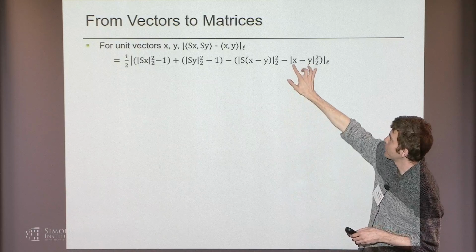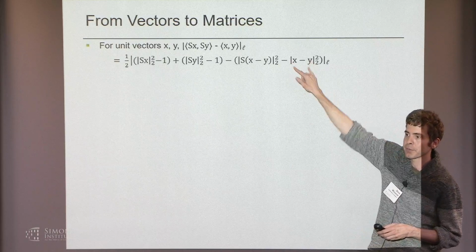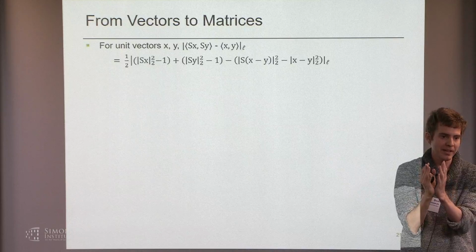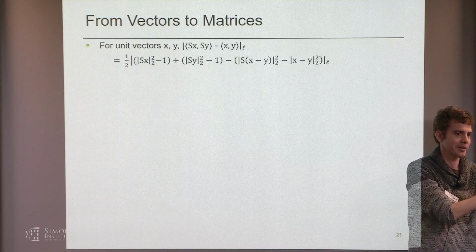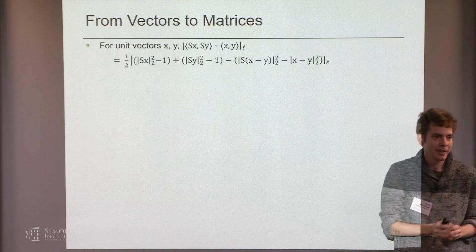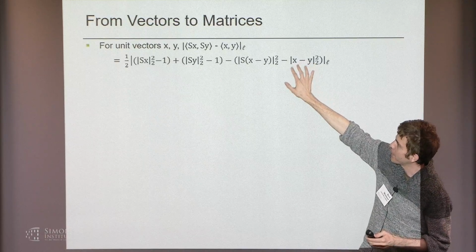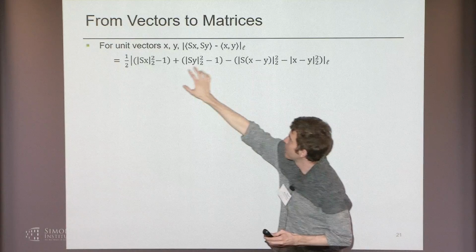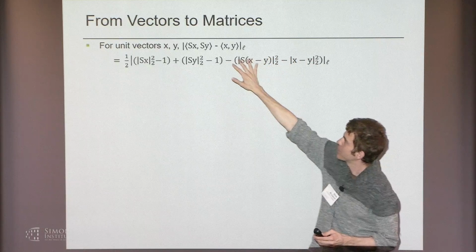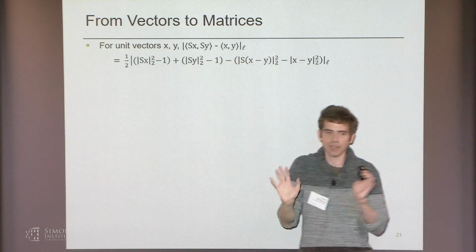I also do the expansion for the squared norm of x minus y, so I get the squared norm of x plus the squared norm of y minus twice the inner product of x and y. These are unit vectors, so the squared norms of x and y are both 1. Those will cancel these 1s, and so I'll get twice this difference, and I have a 1/2 in front. That's all I've done.